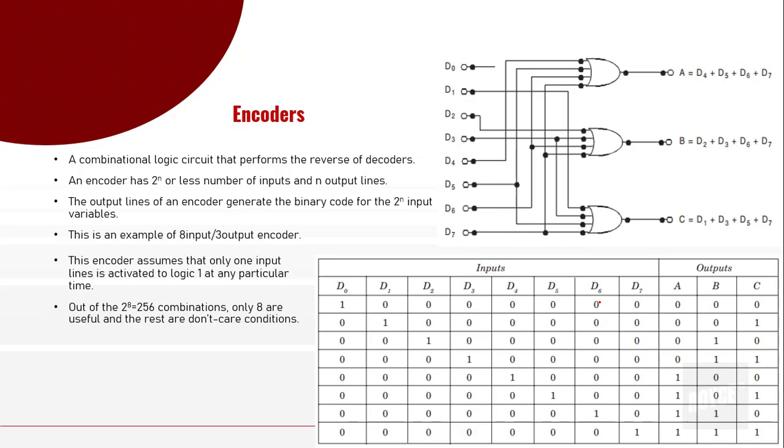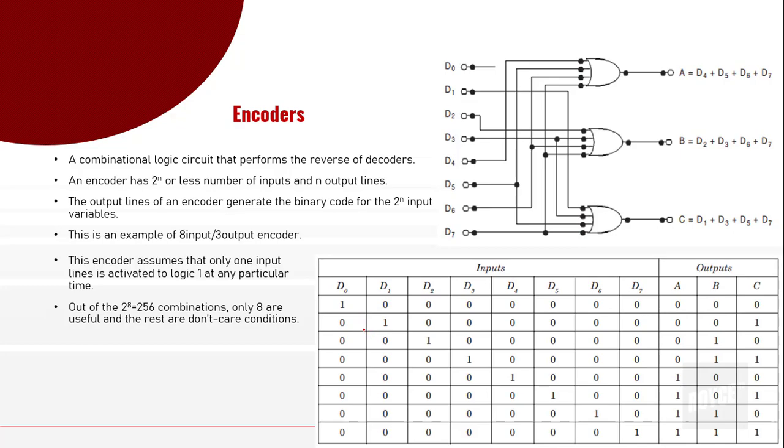And you can utilize all those 256 combinations. Okay, but for this, to study the encoder logic circuit, we're gonna be making those other input combinations as don't care conditions. Magpo-focus lang tayo dito. Okay, na paisa-isa lang yung naglo-logic 1.